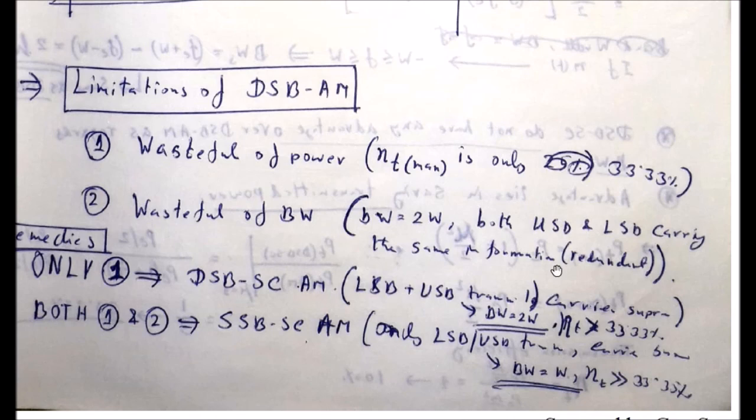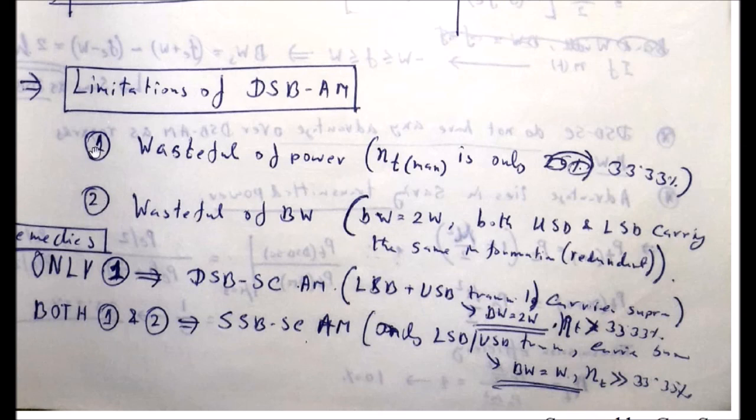Okay, so it is called DSB-SC AM. That means the next kind of amplitude modulation technique, which will always be linear, will be discussed in the next lecture.